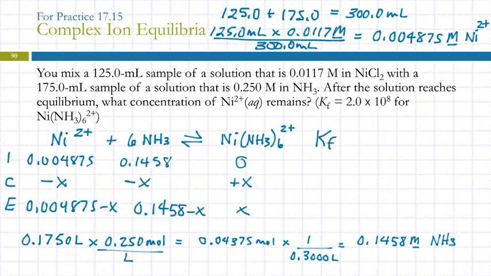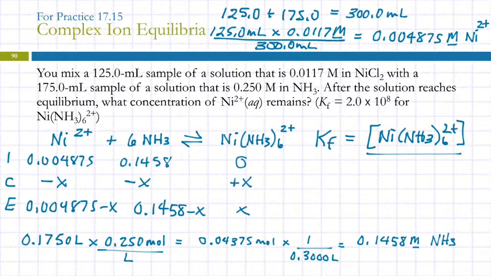So Kf, the formation constant, is the concentration of the complex ion divided by the concentration of the nickel ion and the concentration of ammonia to what power?